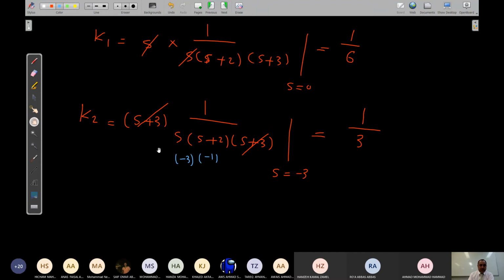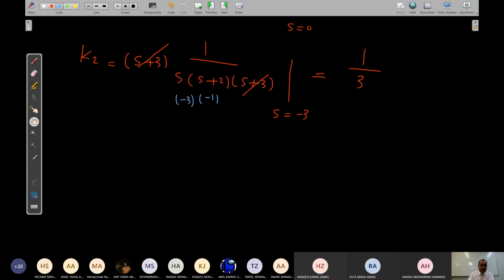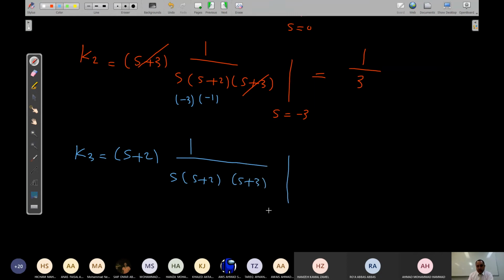Now, the last one, K3, equal to what? The root I'm evaluating is S plus 2, correct? Multiplied by the function itself, S plus 2, S plus 3, and I'm evaluating at the root, which is S equal to minus 2.